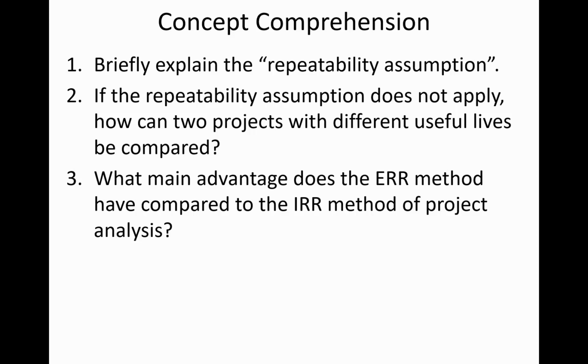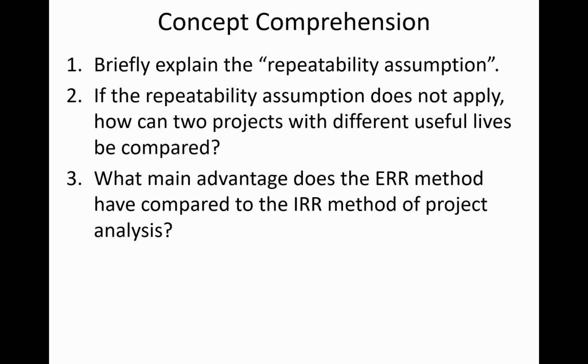The main advantage of the ERR method is it allows for what's called an external reinvestment rate. The IRR assumes that all of the cash flow that's generated is reinvested back into the project, earning the same rate of return at which it was originally generated. That's rarely true.